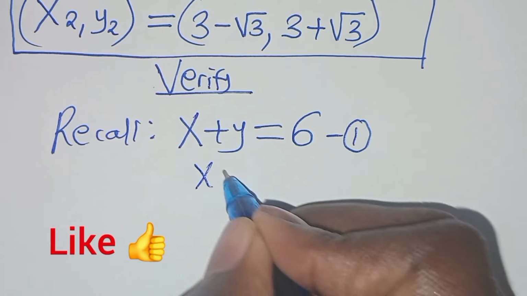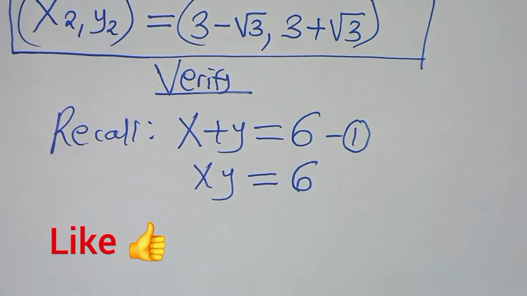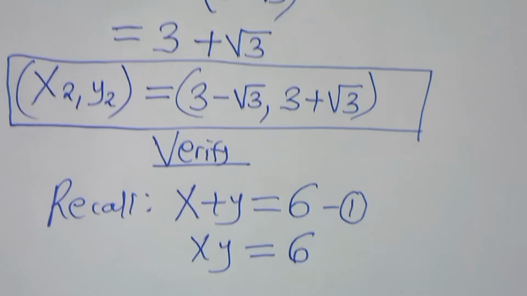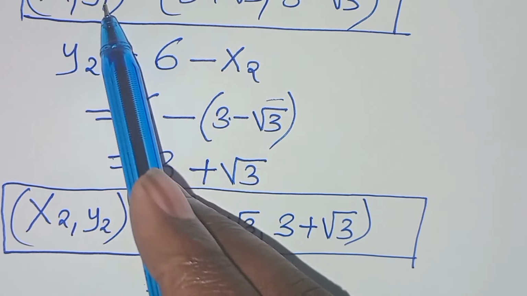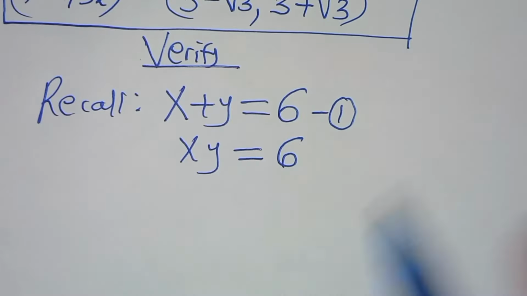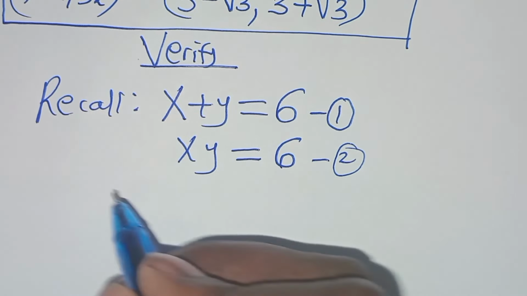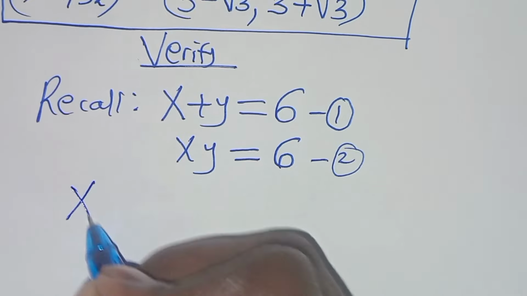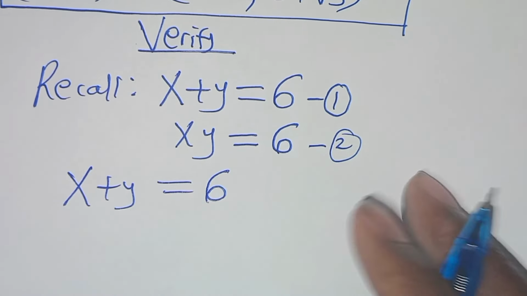And we have that x times y is equal to 6. So let's substitute the first set of solutions, x1, y1, into equation 1. Equation 1 is x plus y, which is supposed to give us a value of 6.